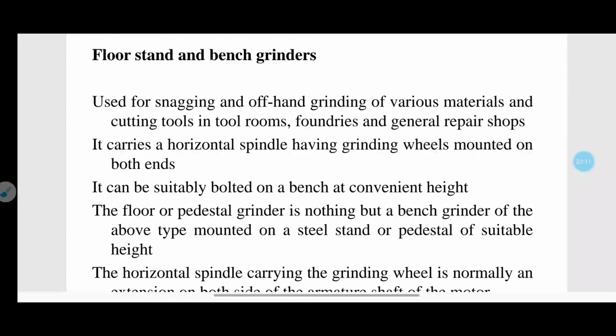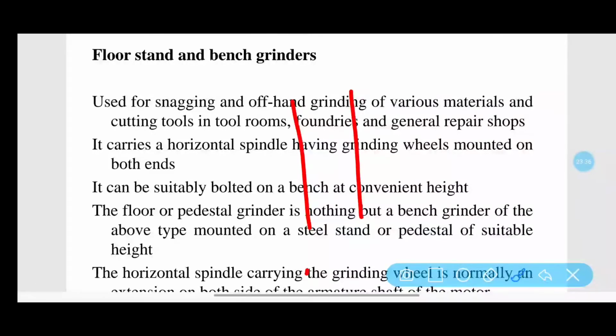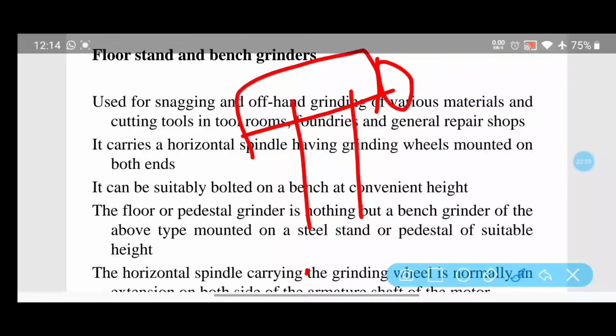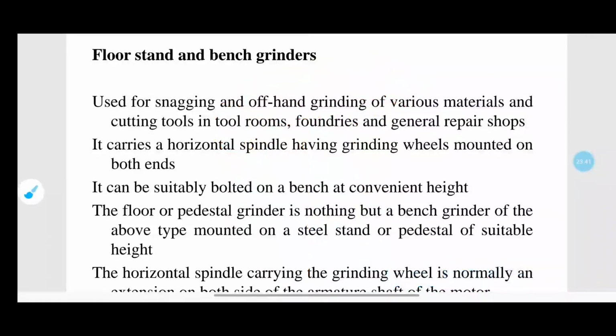The first one is the floor stand bench grinder. It is used for snagging and offhand grinding of various materials and cutting tools in tool rooms, foundries and general repair. Basically this will be available in foundry labs and general repair shops. It carries a horizontal spindle having a grinding wheel mounted on both ends.